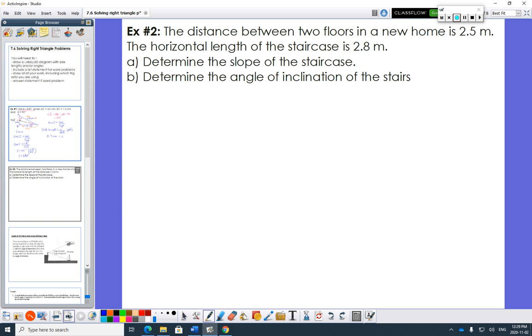But in this case, it is important to draw a picture, okay? Obviously, there's no triangle here. We need a triangle, okay? So the distance between two floors in a new home is 2.5 meters. And so what you might find sometimes is you'll get a weird question like this. Okay, so let's make the ground, or the floor 1.